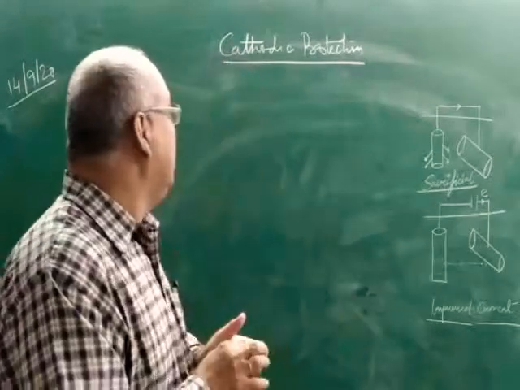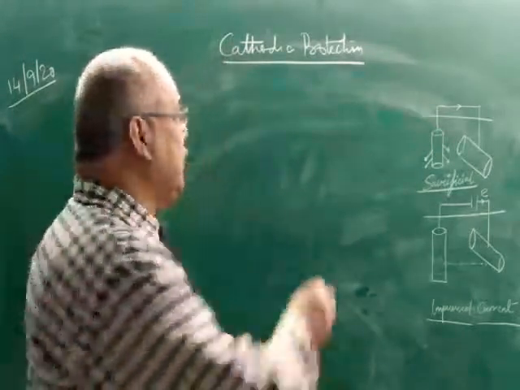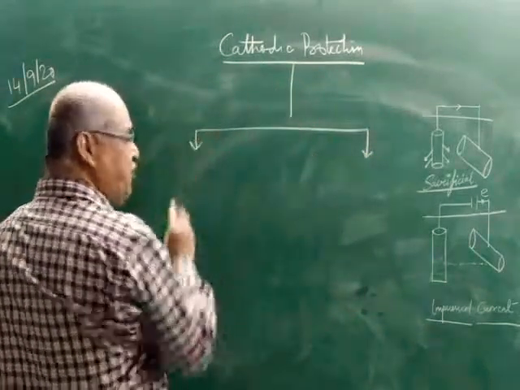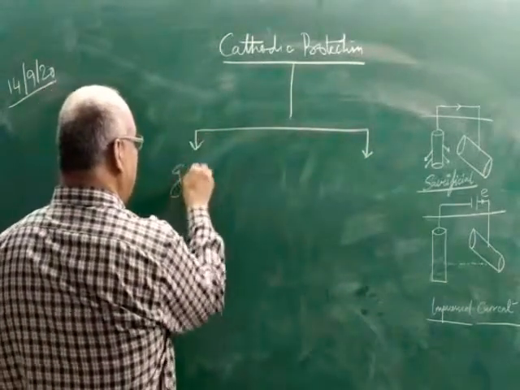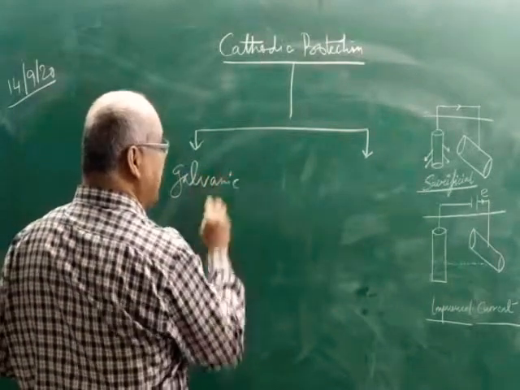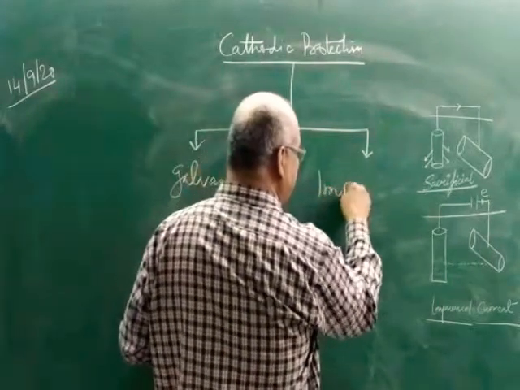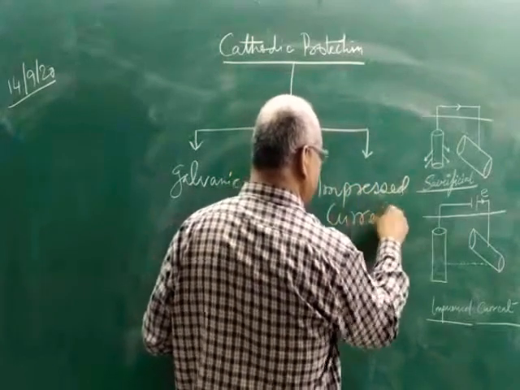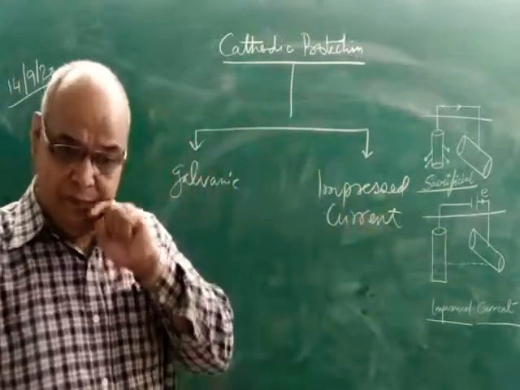Basically, cathodic protection is of two types. Number one is galvanic type, and number two is impressed current cathodic protection.